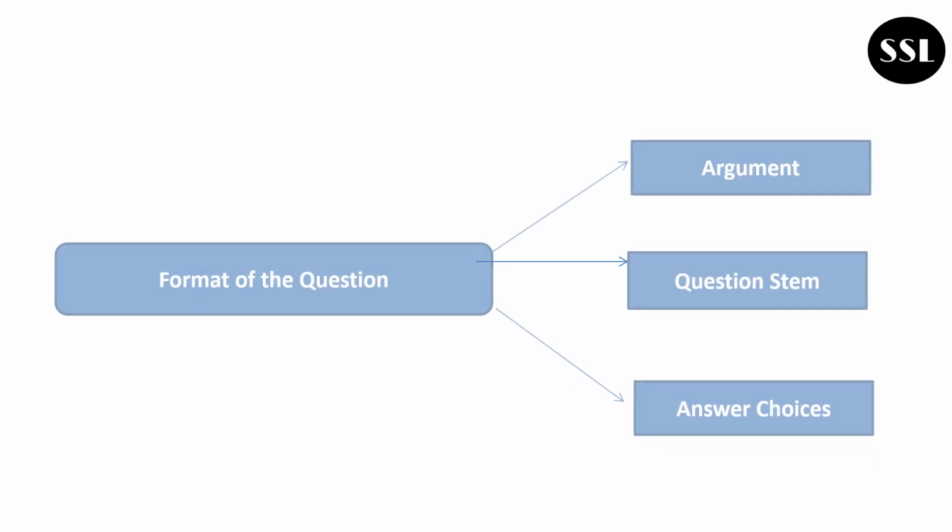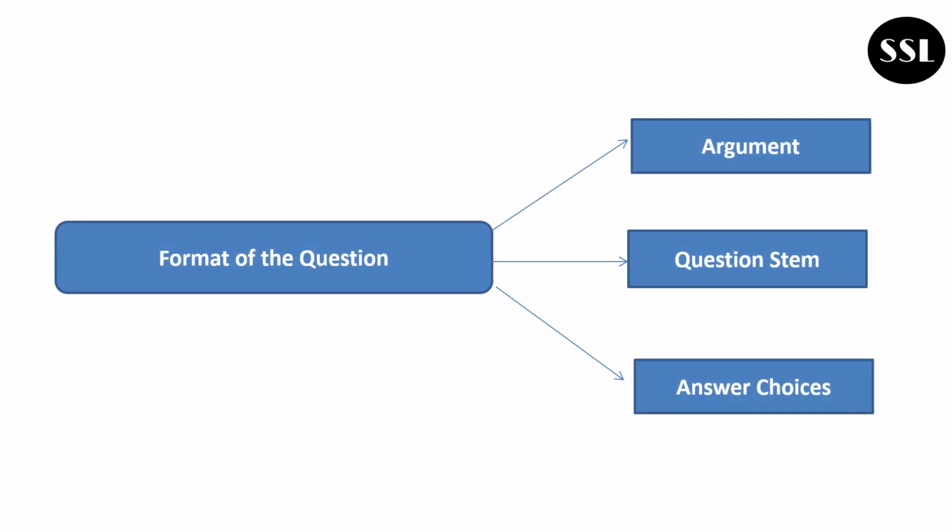So, the format of the critical reasoning question. Basically, the format is fixed, and it is divided into 3 sections. First is the argument, second is the question stem, third is the answer choices. In the argument, a set of statements is given. The question stem tells you what you are supposed to do.